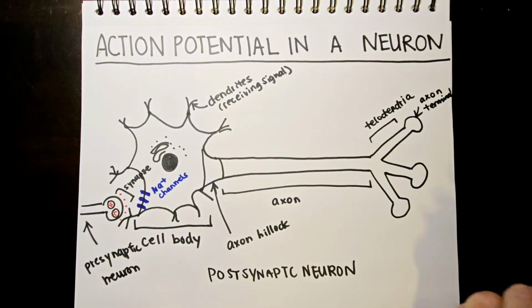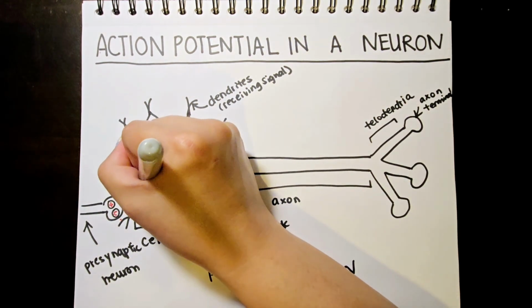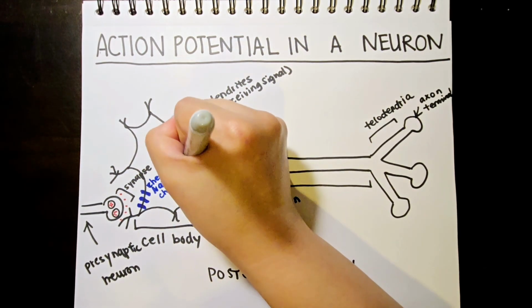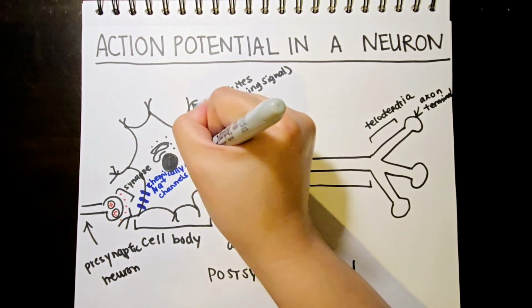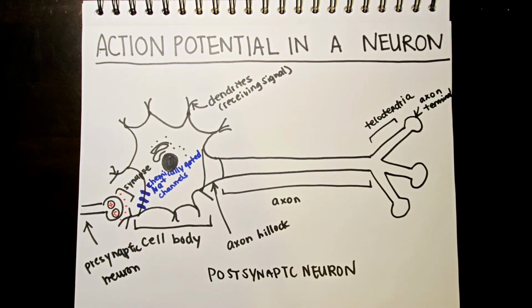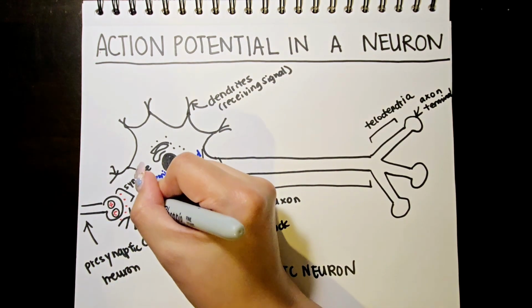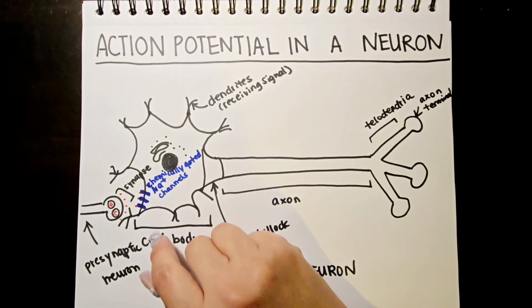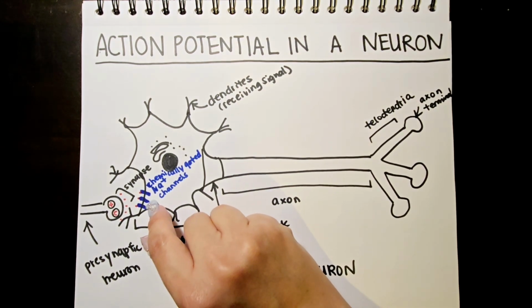Okay, sodium ion channels, and we would say that they are chemically gated, because it is these little neurotransmitters that can bind to these channels in order to open those particular channels.